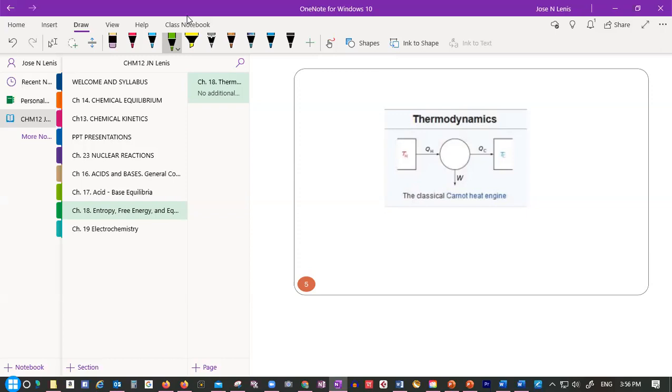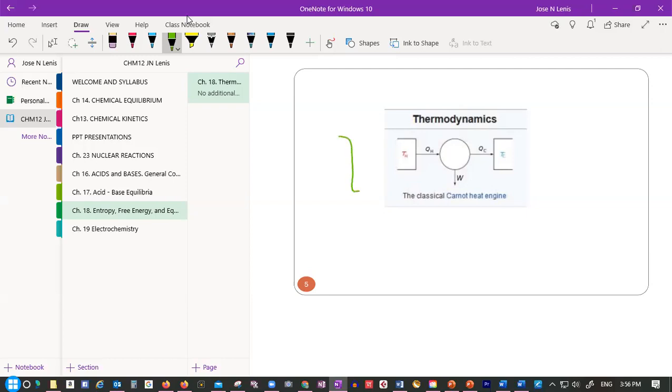This object here has higher temperature than this object. So the heat flows from high temperature to lower temperature, higher kinetic energy to lower kinetic energy. So we have a gradient there. So we are going to analyze that type of processes.